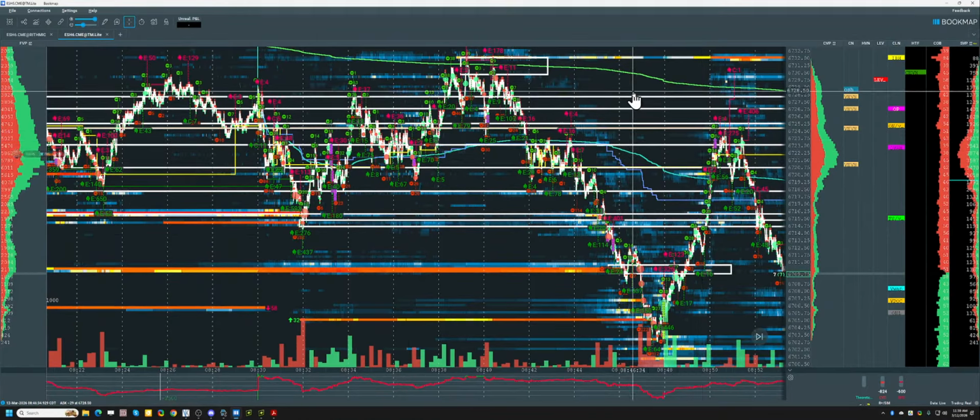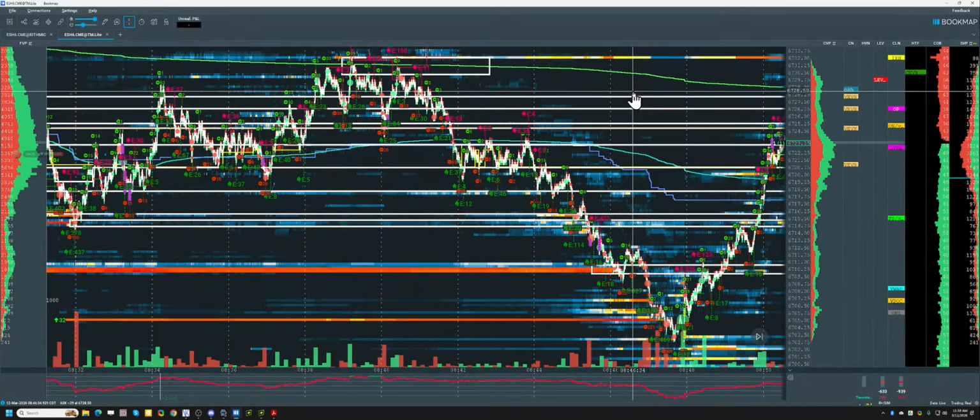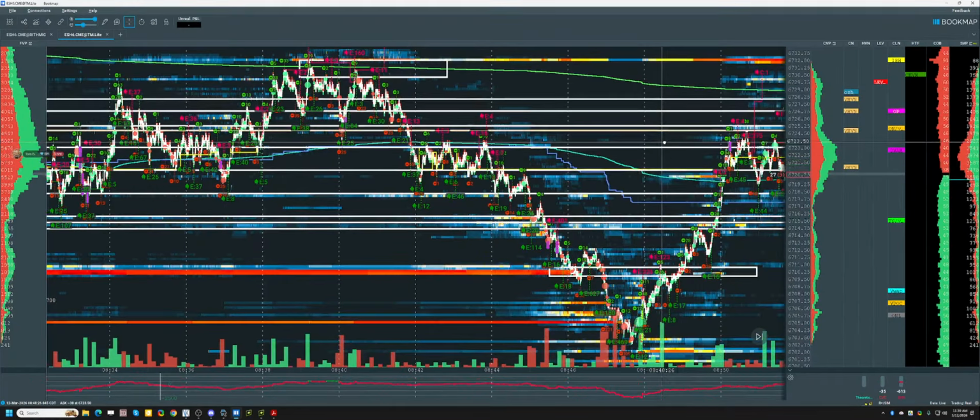Let's look. Now, watch. Now remember, what do I know? This is too high, and this is now my VPOC, or my fair price. So, which was, I think, here.